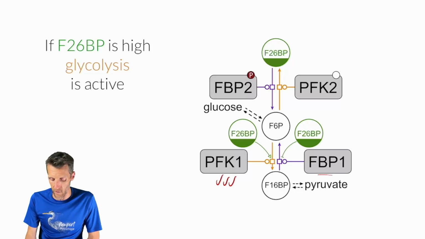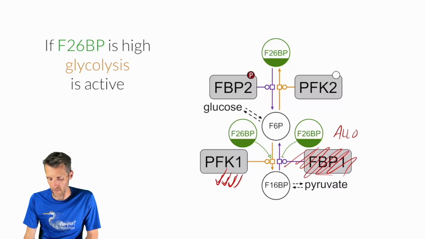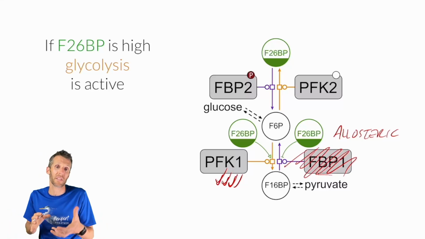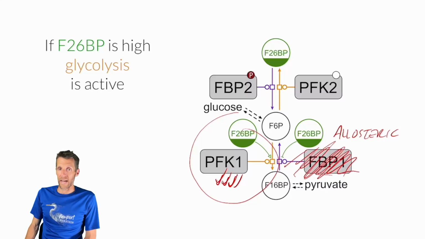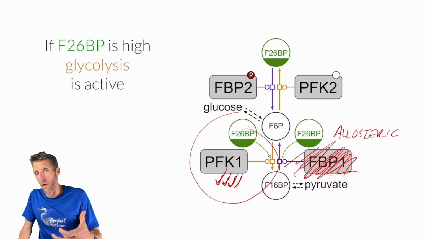So basically it turns this off and it turns this on. And this is all allosteric, right? So it's not binding at the active site, it's binding elsewhere, and it's changing the conformation, changing the dynamics of the proteins, making PFK active, making FBP1 inactive, okay? So if F26-bisphosphate is high, glycolysis is active.